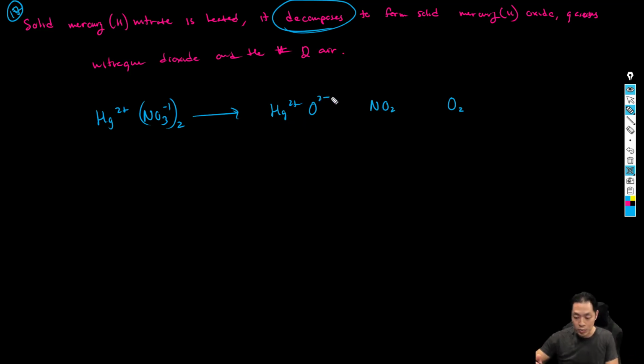So let's start it up. As always, we want to save hydrogen and oxygen for the end. Start off with mercury, nitrogen, and oxygen. Here we go. 1, 1. Nitrogen, I have 2 on the left and 1 on the right, so I'm going to put a 2 in front of this one. Doesn't affect my mercury.